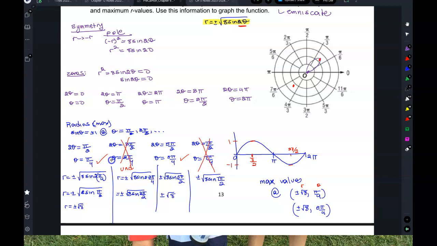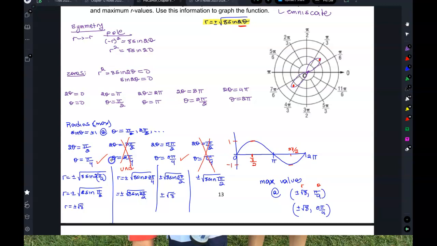At pi over 2, it's 0 again. Then at 5 pi over 4, it goes back, and then back to 0, and so on, like this. Okay? So all you would have to do when you do this is graph the maximum values. And once you graph the maximum values, you know it's a lemniscate. It's going to have like two poles, and you can just graph it that way.